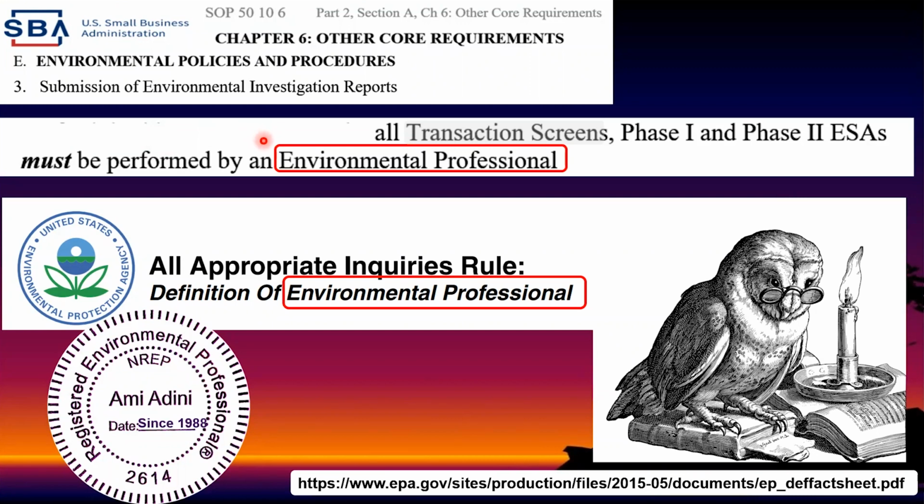Well, SBA defers to the EPA, the United States Environmental Protection Agency, and they define who or what is an environmental professional. If you go online and search for EPA environmental professional, you will get the entire policy on who or what is an environmental professional.